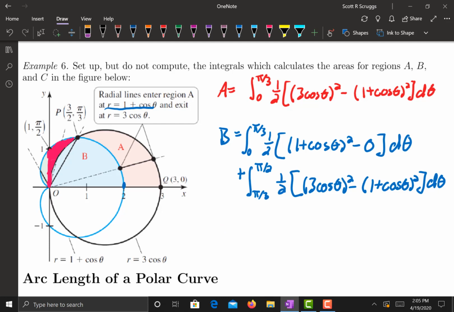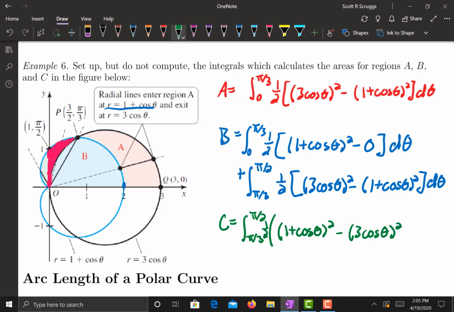So, for the first part of the region C, from pi over 3 to pi over 2, 1/2 times the greater function squared, (1 plus cosine of theta) squared, minus the smaller one, (3 times cosine of theta) squared.